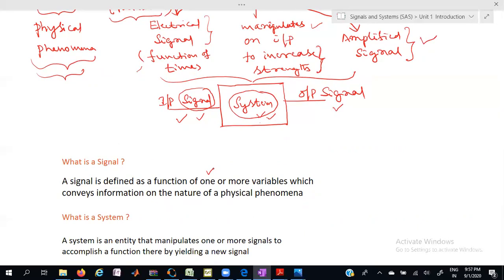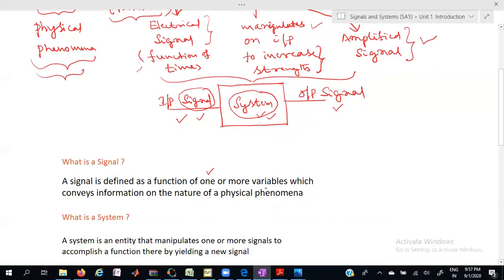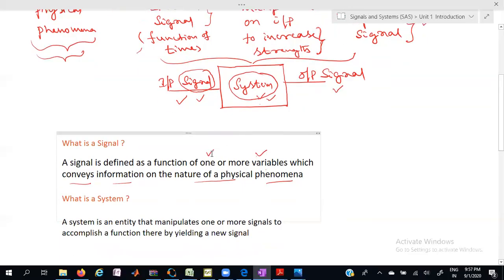And this voice signal is going to convey some information about the nature of a physical phenomenon. So formally, a signal can be defined as a function of one or more variables which conveys information on the nature of a physical phenomenon.